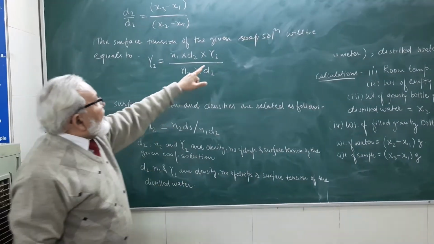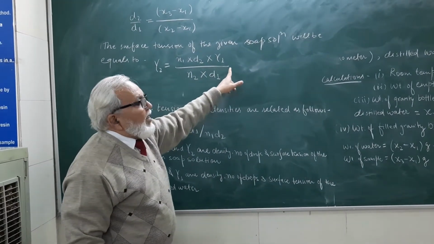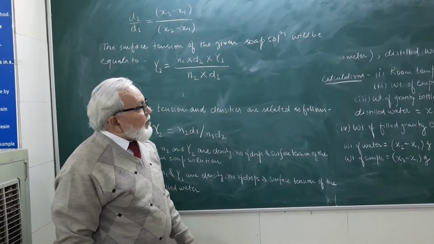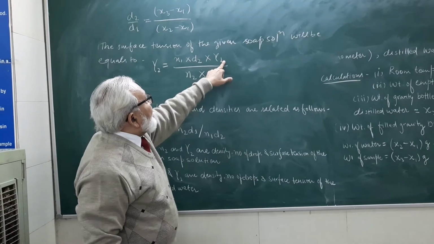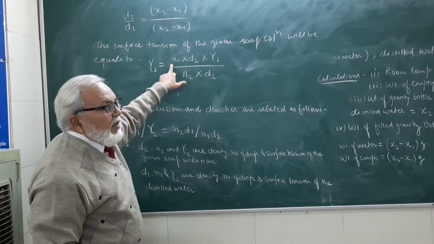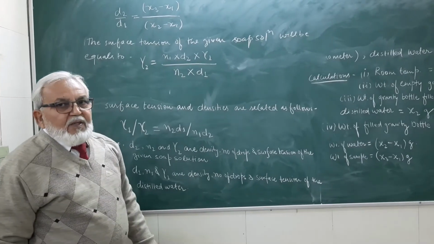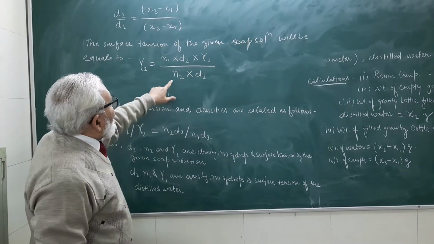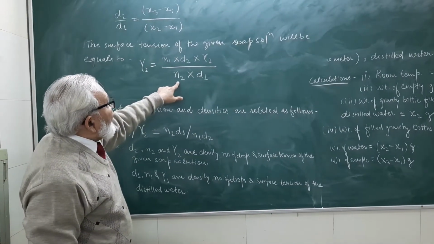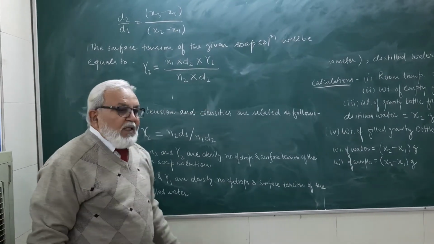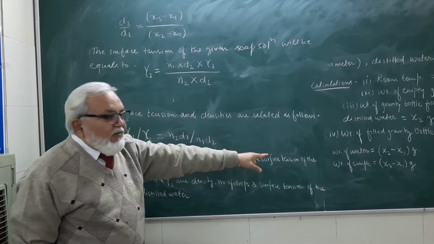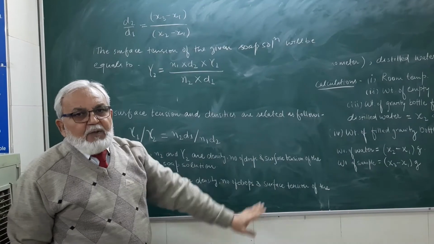Gamma 1 has a standard value at the given temperature, so that will be put from the table, and N1 you have counted, D2 you have determined by the weights, N2 you have counted by the stalagmometer, and D1 has also been determined by the weights of the density bottle.